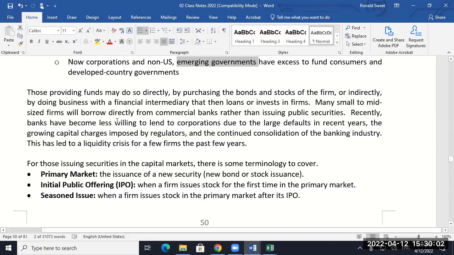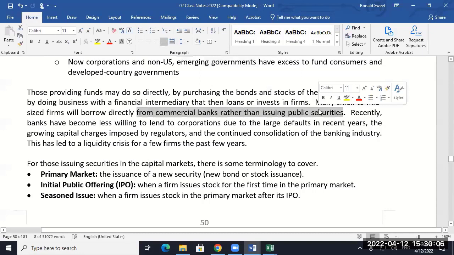A lot of smaller companies actually borrow money directly from banks. In fact, that's the big difference between the US and Europe. In the US, we have a massive corporate bond market where a lot of the money that corporations borrow is on the exchanges, in the capital markets. But in Europe, corporations tend to borrow more from banks than they do in the capital markets. So very, very different world.